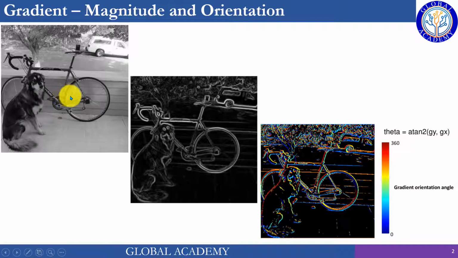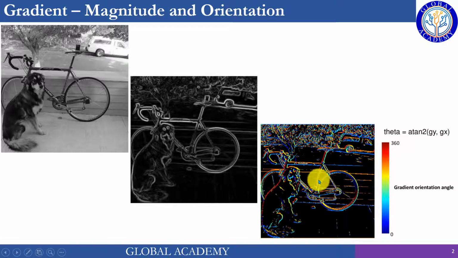So here is the input image. That's the magnitude of the gradient of this image, and then that's the direction or orientation. Here orientations are in fact displayed as color coded, not grayscale, just to show you the 0 to 360 gradients, all possible angles.